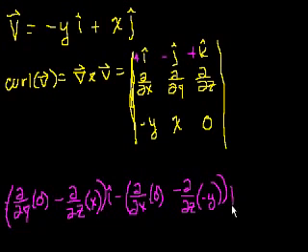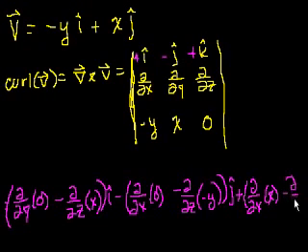That's its j component. And then finally, plus its k component, row and column. So the partial derivative with respect to x of x minus the partial derivative with respect to y of minus y. I know you can't read it, but that's that minus y there, and that's the k component.